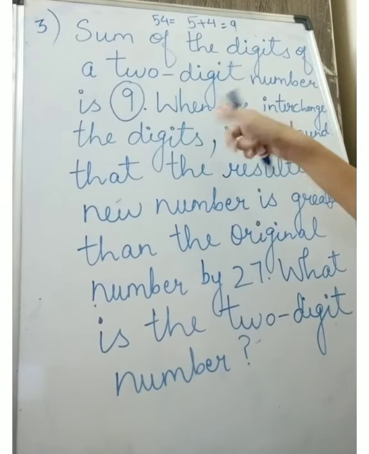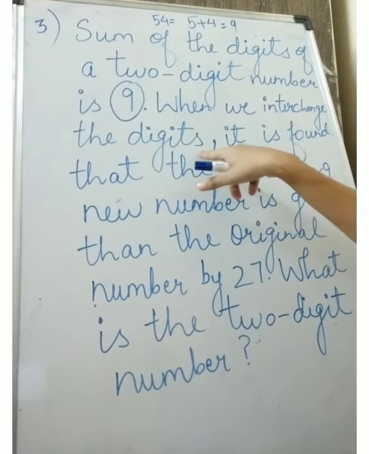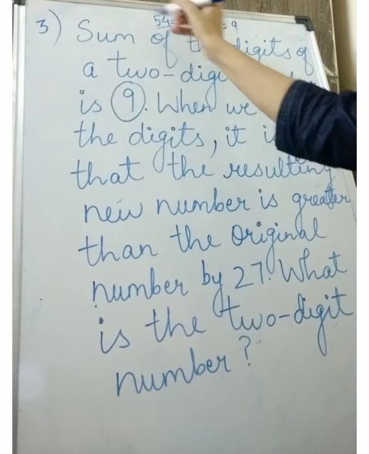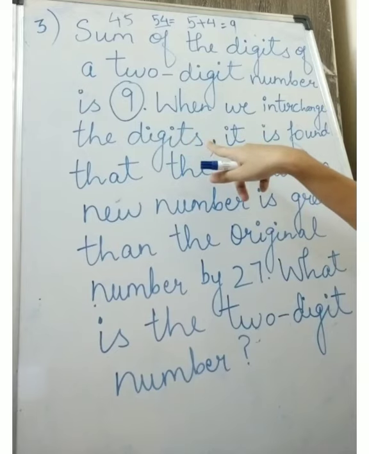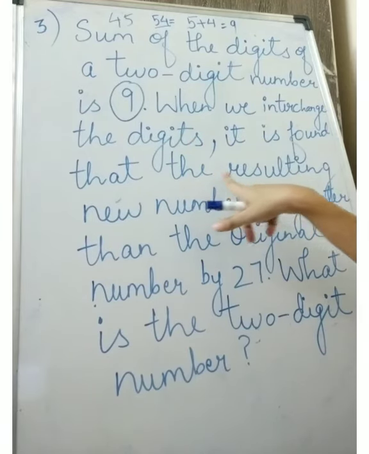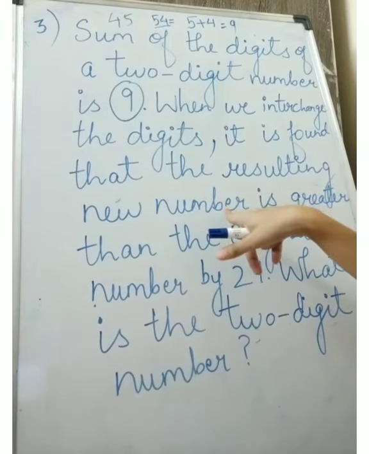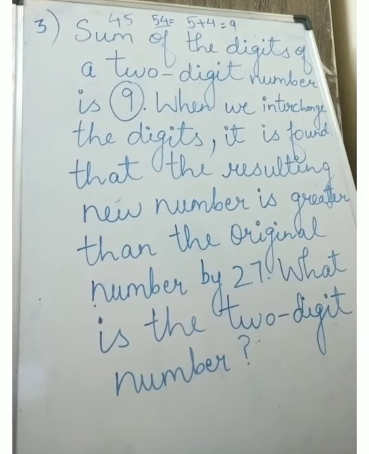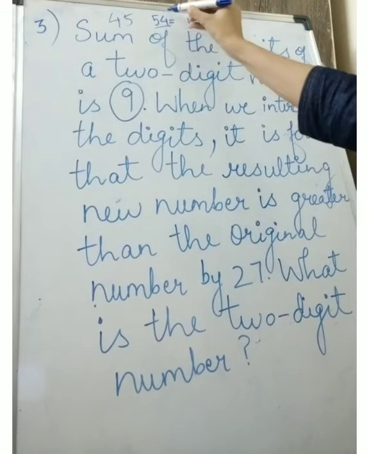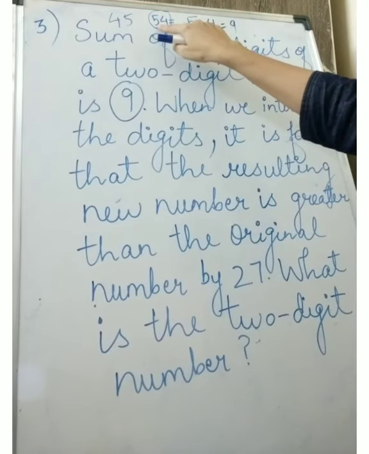Now the next thing is, when we interchange the digits, suppose 54 will become 45. So if we interchange the digits, it is found that the resulting new number is greater than the original number by 27. It means suppose this is the original number, 5 and 4, just an example.